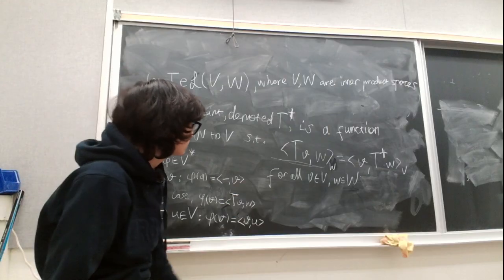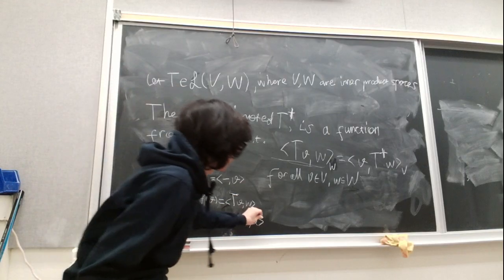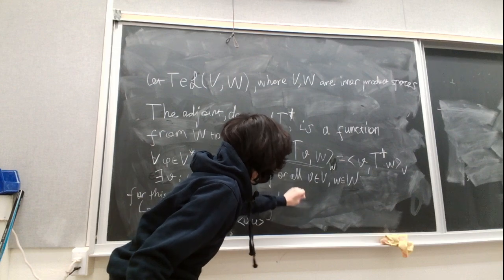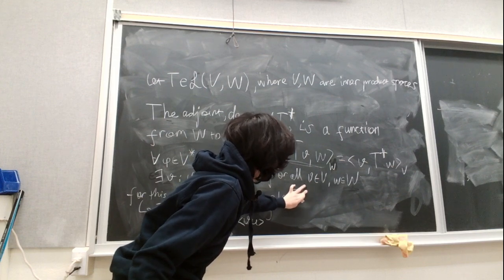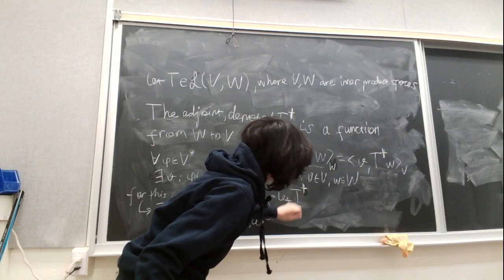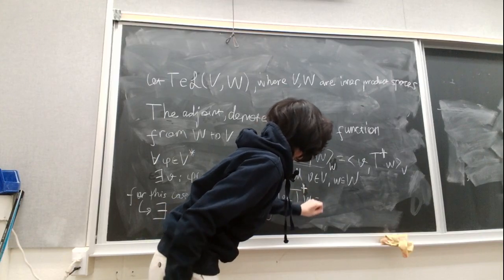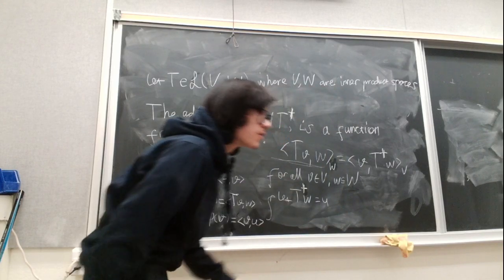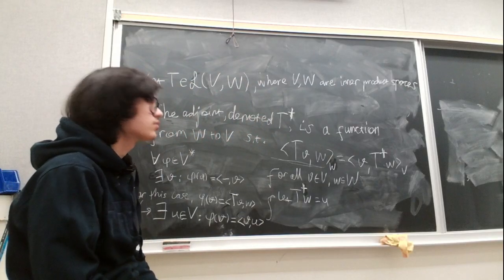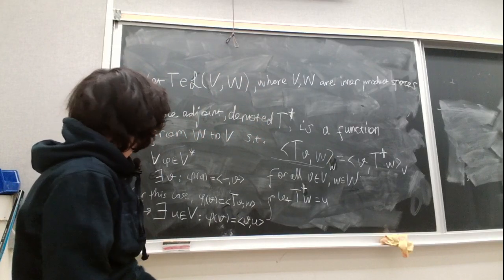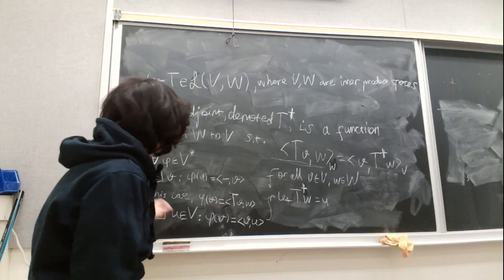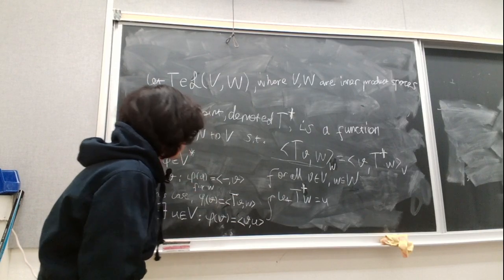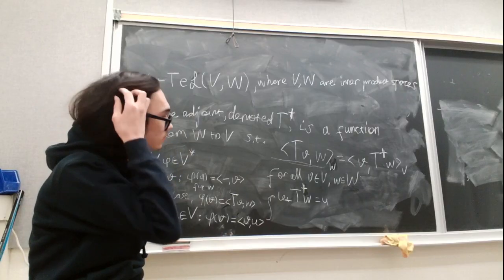But now, what I can do is define a map using this. I define T dagger of w as this. This is where we fixed w, and for a given w, we told you how to map this w using the Riesz representation theorem.